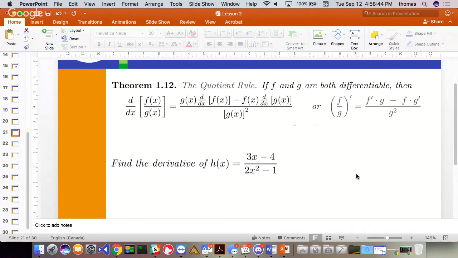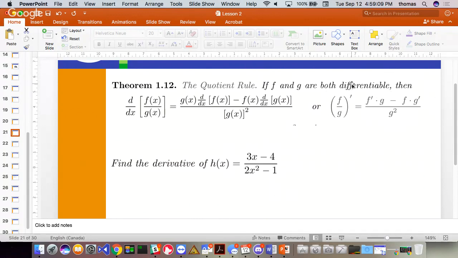So how do we do this? Well, when we have a quotient and we want to find the derivative of this value, we take the derivative of the first times the second minus the first times the derivative of the second, over the second squared, whatever the second function is. So how do we figure this one out? First of all, does everyone understand what I'm talking about here?